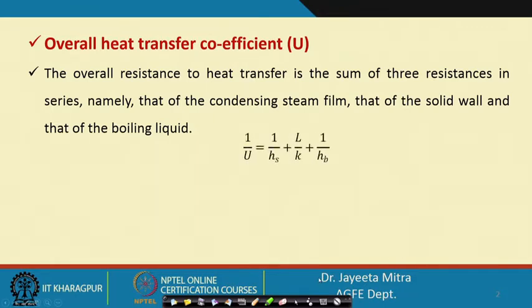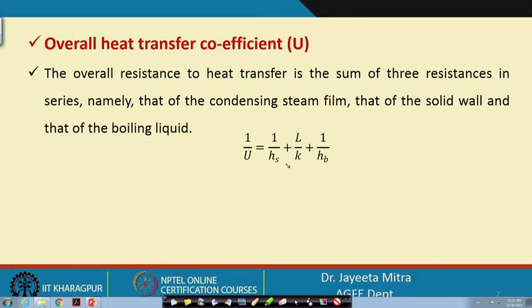So, we can write in this way that 1 by U, where U is the overall heat transfer coefficient in the combined system, is equal to 1 by HS, that is the convective heat transfer coefficient on the steam side, plus L by K. L is the thickness of the surface or wall, and K is the thermal conductivity of the material.